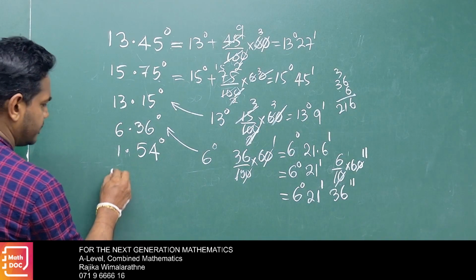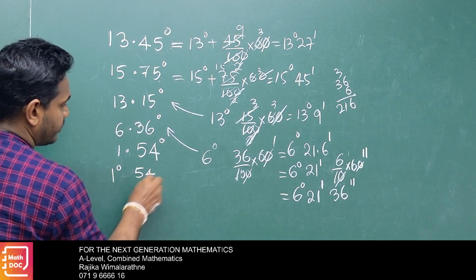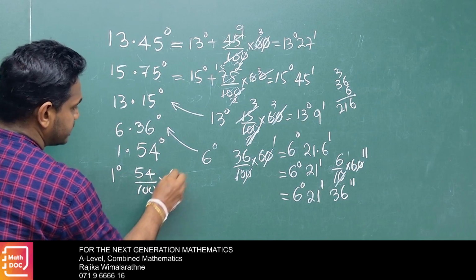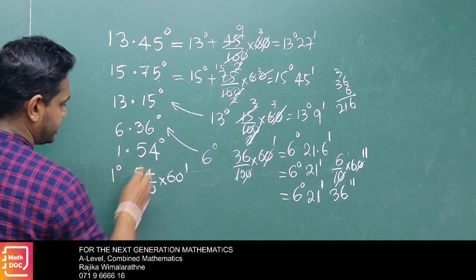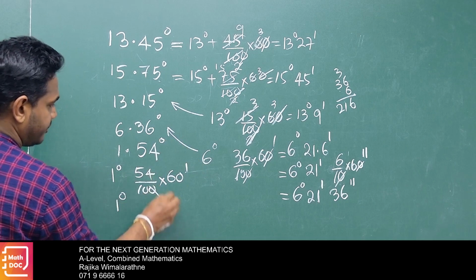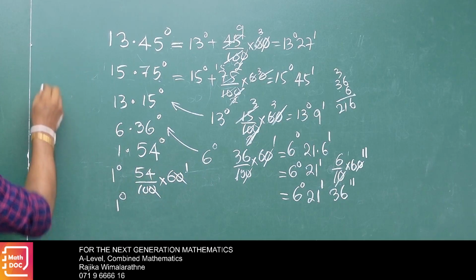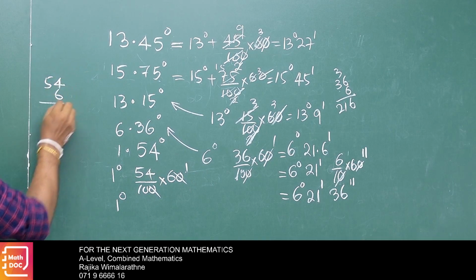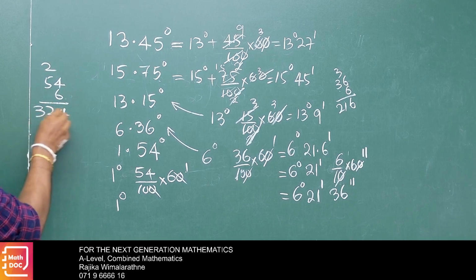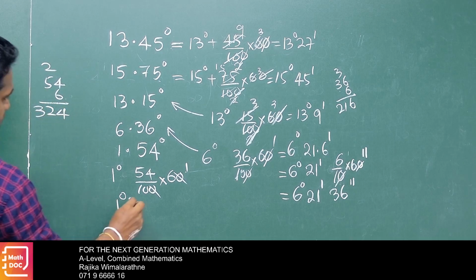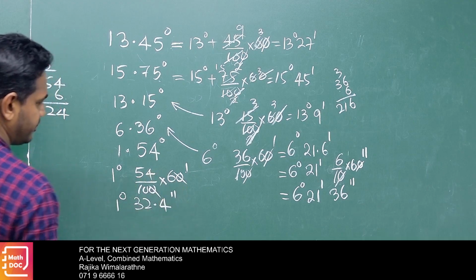The last one, 1 degree 54 over 100 times 60 minutes. 1 degree. Then here 54 times 6 is 32.4 minutes.